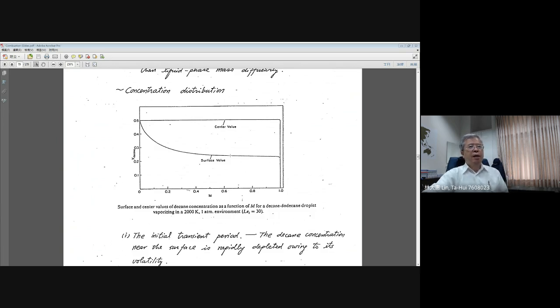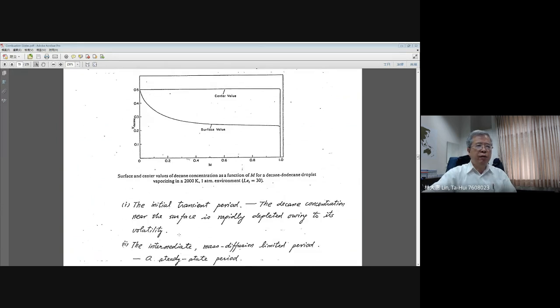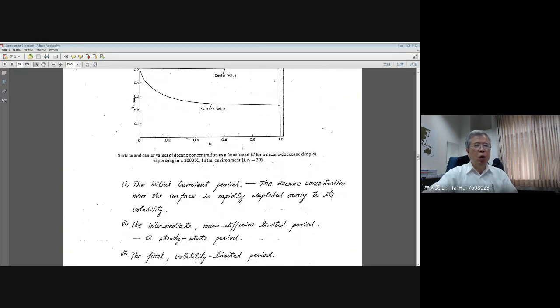And here you can see at the center, starting from the beginning to the end, the composition of your thicken and thicken almost has no change. In this case, they tell you in the initial transient period, the thicken concentration near the surface is rapidly depleted owing to its volatility.